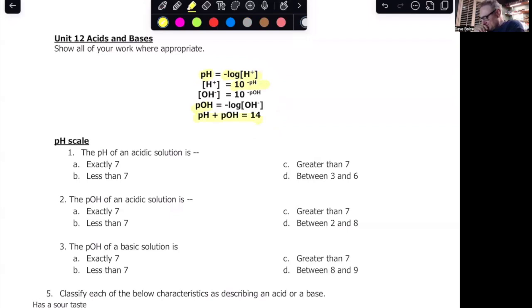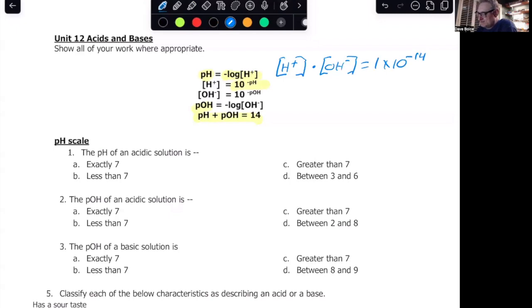pH to pOH is pretty easy. That's just one plus the other is equal to 14. So that means 14 minus either one of them is going to give you that conversion. And I notice on here it doesn't have this conversion. This is also pretty important, and that is the concentration of H+ times the concentration of OH- equals 1 times 10 to the negative 14.